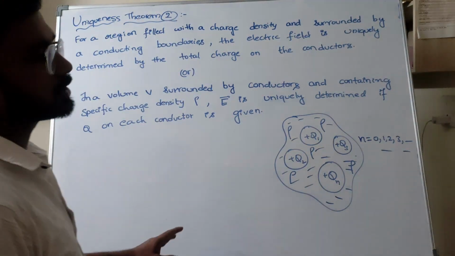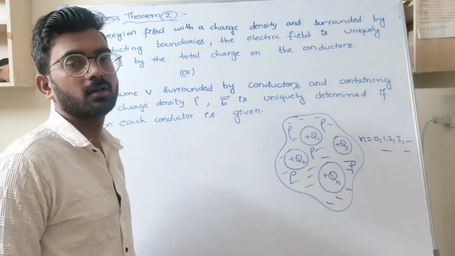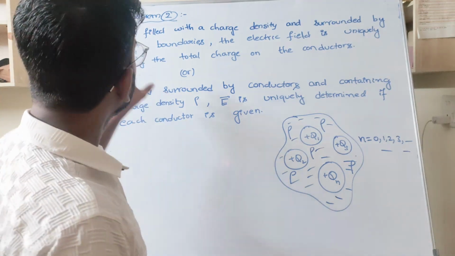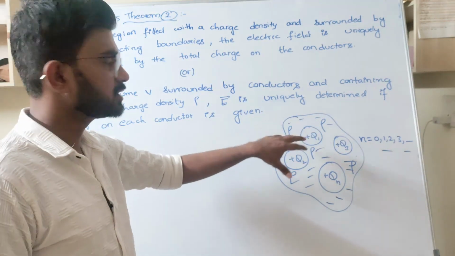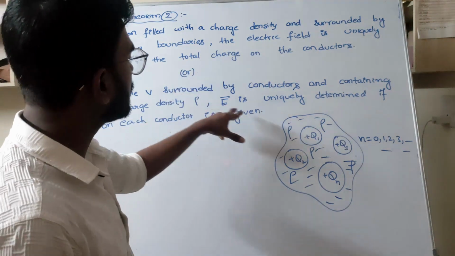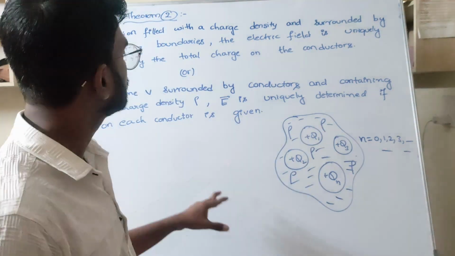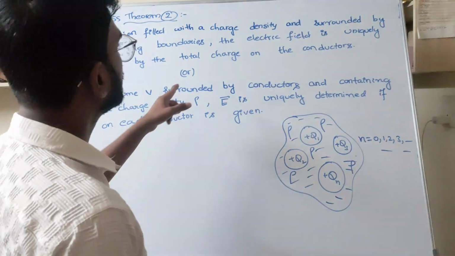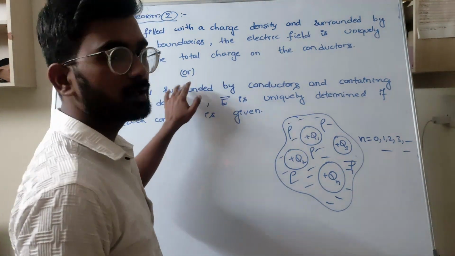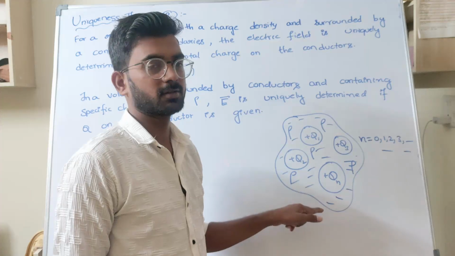So what does this uniqueness theorem say about this bounded region? The region filled with charge density rho and surrounded by conducting boundaries: the electric field is uniquely determined by the total charge on the conductors.